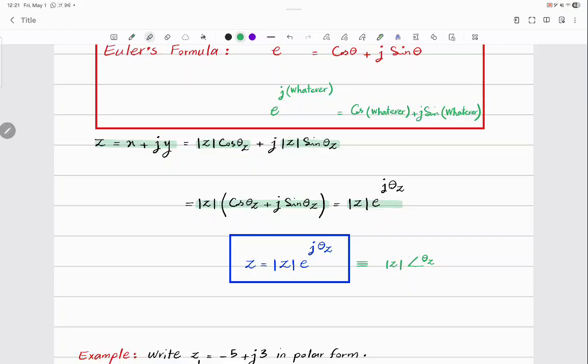For the polar representation, do you remember the angle symbol? Do you know what it does in terms of mathematics? Is it an operation or something? It's not an operation. It's just the way that we denote something. What it actually does is that the angle symbol calculates the exponential of j multiplied by the angle.